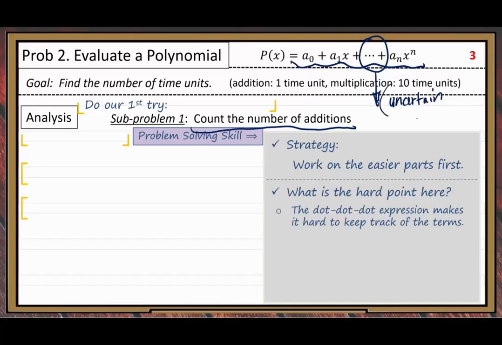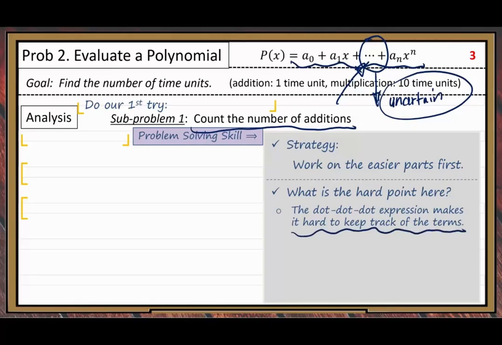How many terms are there? We get lost, right? Think about it. When we count the number of additions, we need to go through this uncertain part, and that uncertain part makes it hard to keep track of the terms.